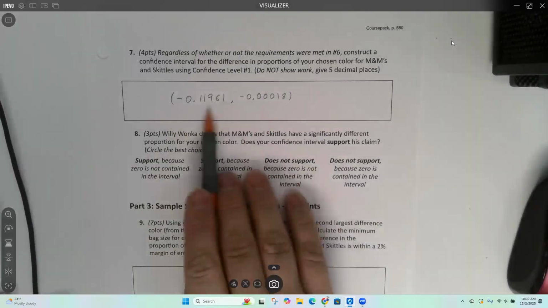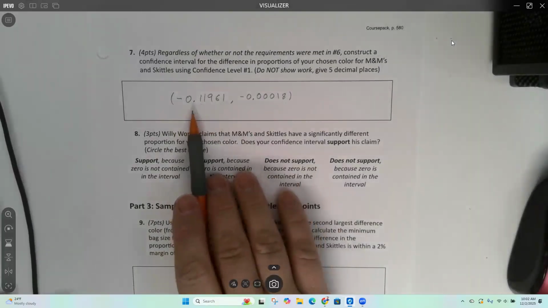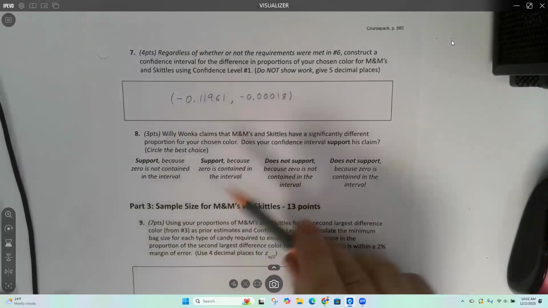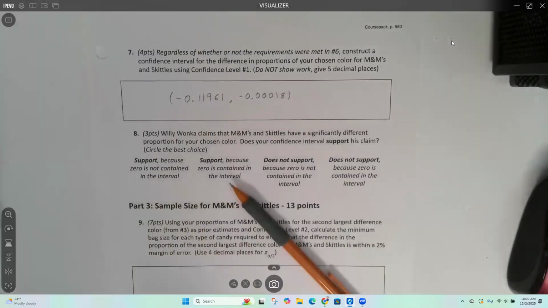So what does this mean? This means that if I was to compare the proportion of green M&Ms for the entire population, all M&Ms, which I can't measure, okay? But if I was to measure that whole thing, and then I compared the proportion of green Skittles, and I subtracted them, I would get some number, okay?